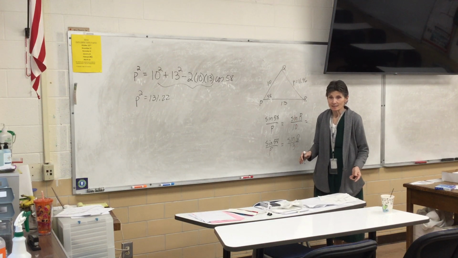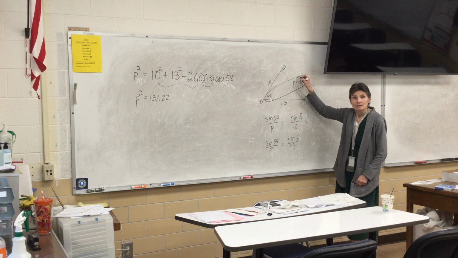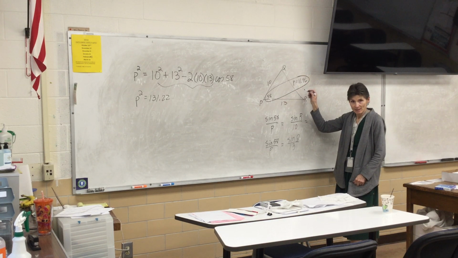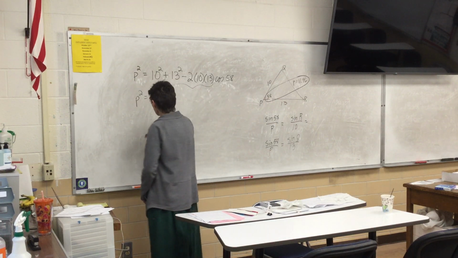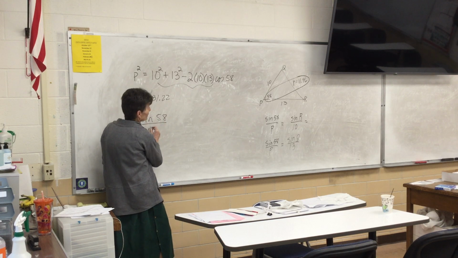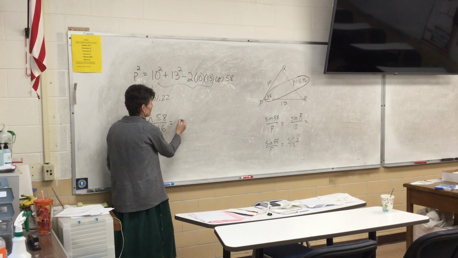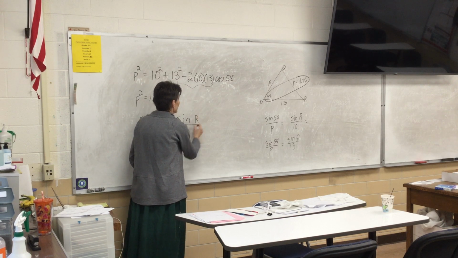And the great news is, now look at what you have. Now you have that pair. Now you can do the law of sines. So you can say sine 58 over 11.46 equals sine R over 10.